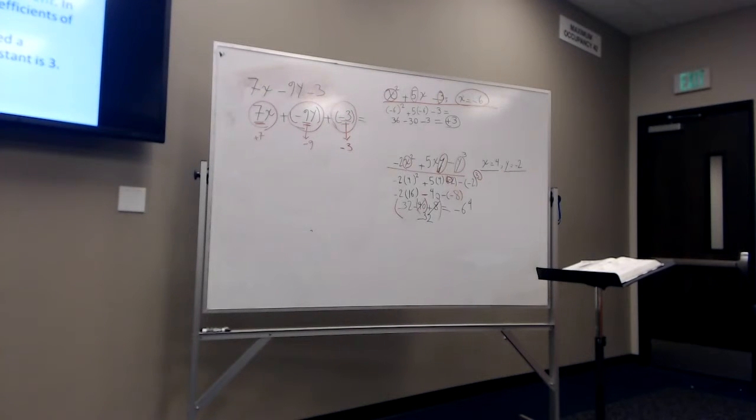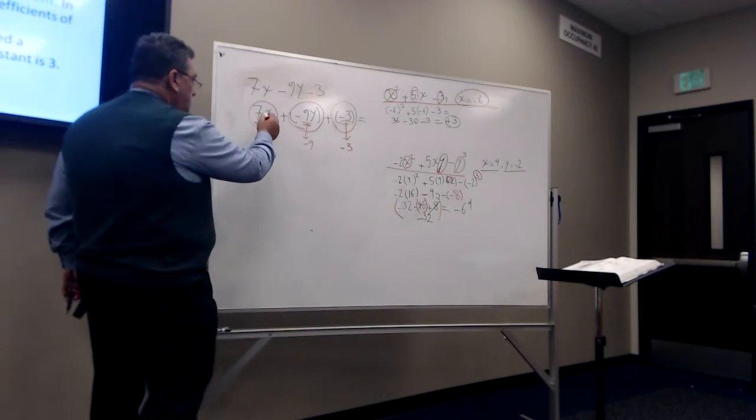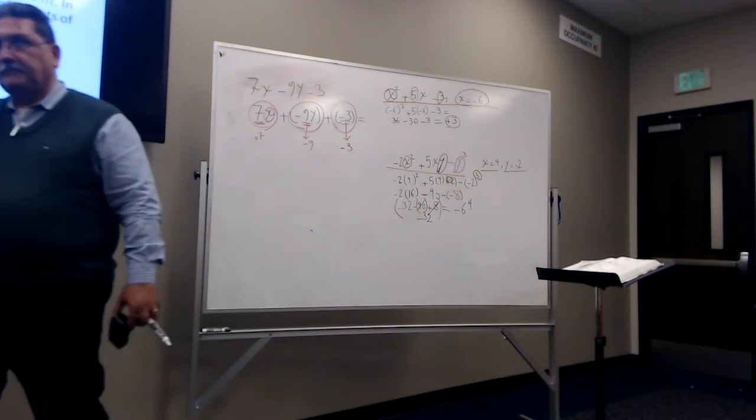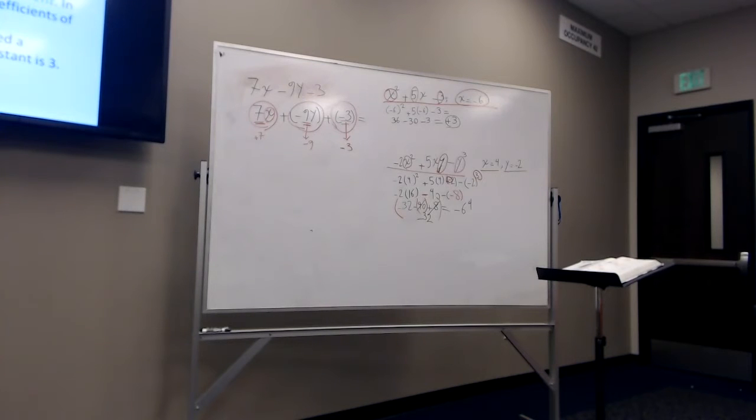A specific number, which is not next to any kind of variable, is a constant, because minus 3 is minus 3. But this can change depending on the value of x. Right? If it's just a numerical number, then it's a constant.